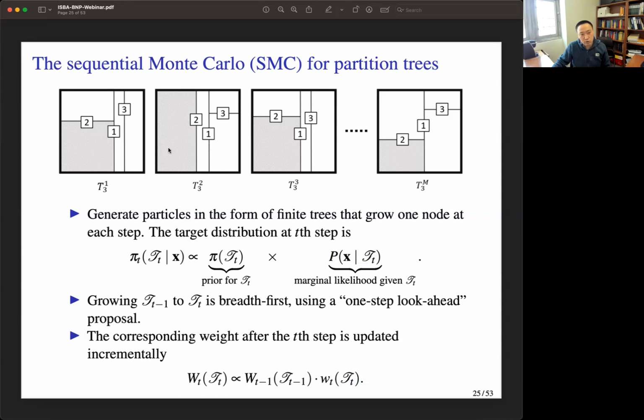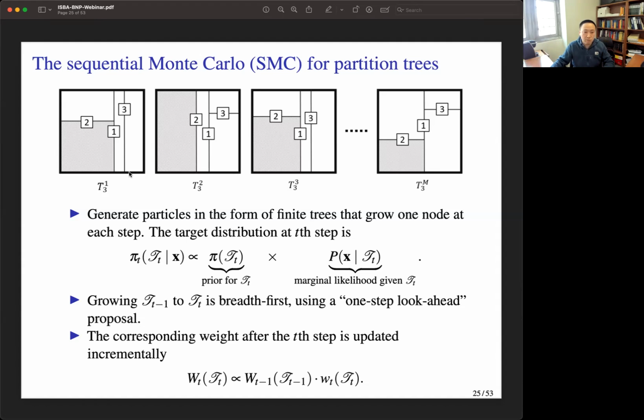Now, this is just a cartoon. You may have m different particles, which in the first step, you randomly propose a direction to cut, and the proposal that we built is based on one step. I'm not going to get into details on that, but let's say that this is the first proposal. Then for the next two blocks, you draw another direction and location from the proposal distribution for this node, and then in the third step from this node.